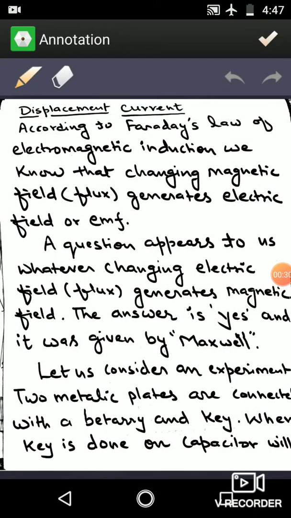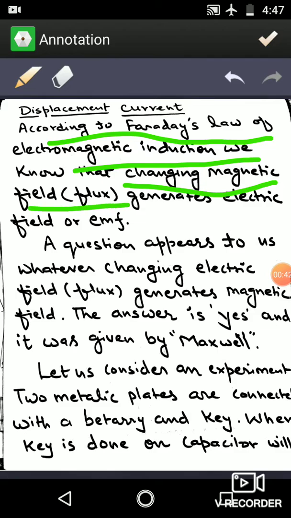Displacement current. We all know that according to Faraday's law of electromagnetic induction, when there is a change in magnetic field or magnetic flux, it generates an electric field or EMF. Therefore, a changing magnetic field generates an electric field.